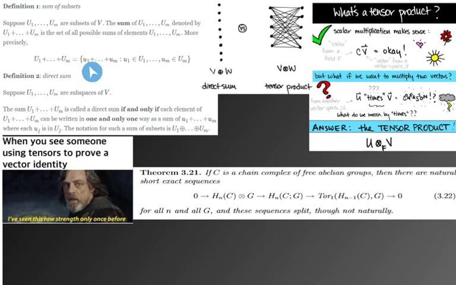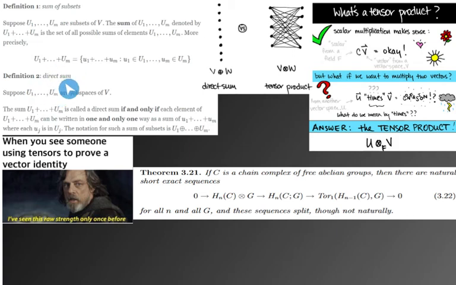So basically, you're adding together a bunch of stuff, where each element comes from capital U1, capital U2, and so on.